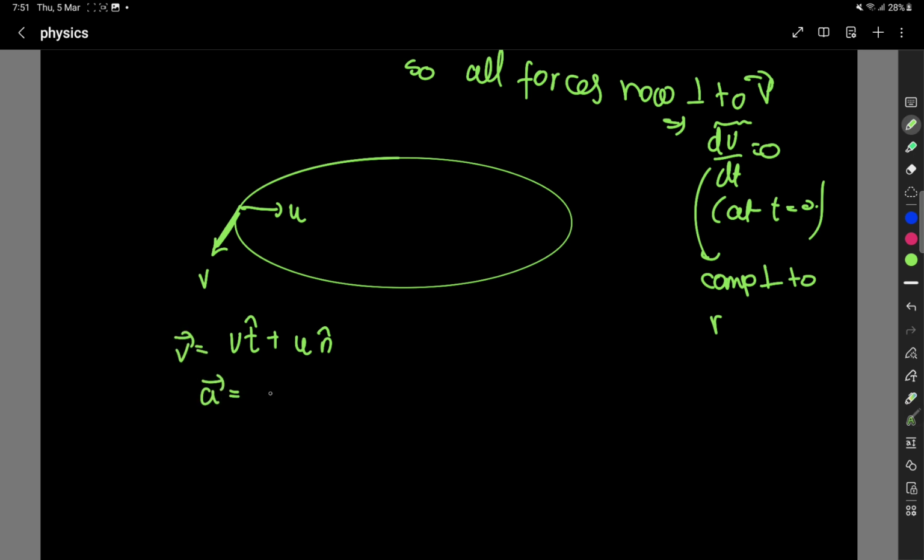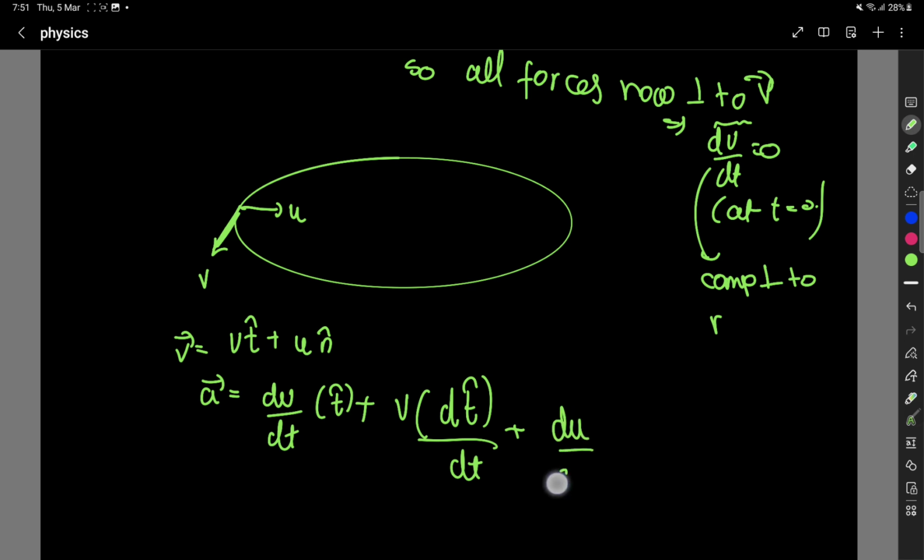The acceleration vector will come out to be dv by dt along t cap plus v into derivative of t cap by dt, plus du by dt along n cap plus u into derivative of n cap by dt.